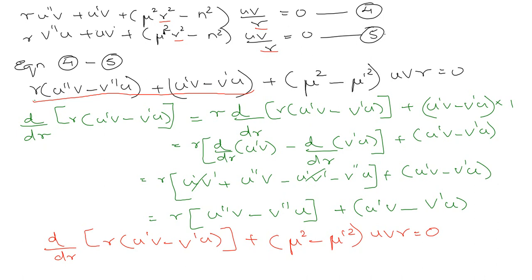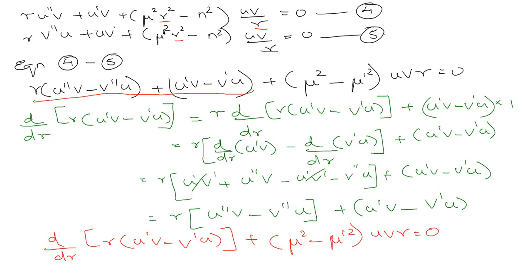We can cancel r from those terms, giving the equation mu square minus mu dash square into uvr is equal to 0. Now we are going to find the differential of r into u dash v minus v dash u with respect to dr.